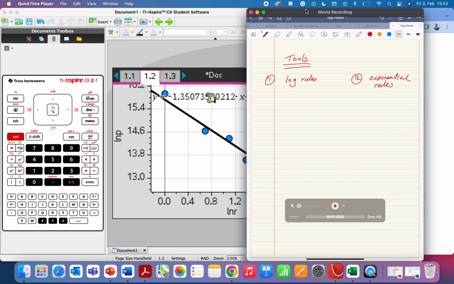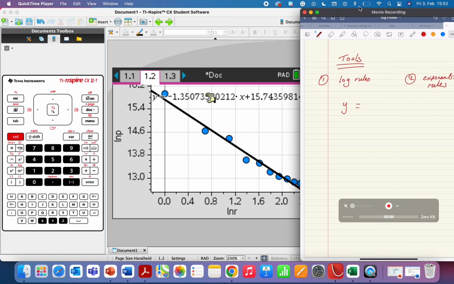So the y value of a straight line is equal to negative 1.3507 times the x value, plus 15.744. Okay, we'll do five sig figs.